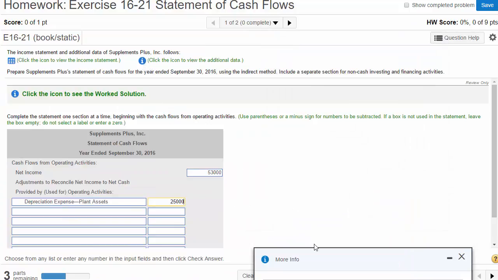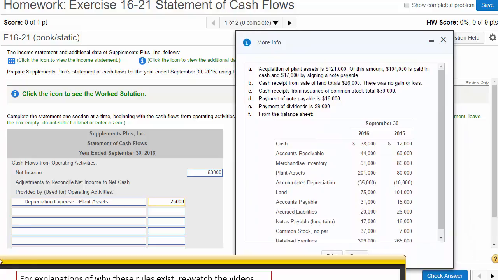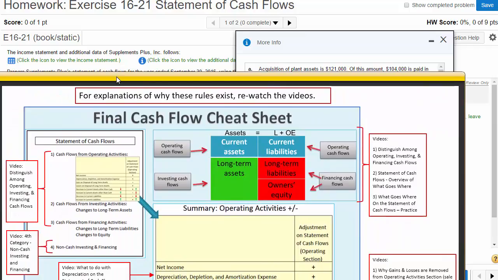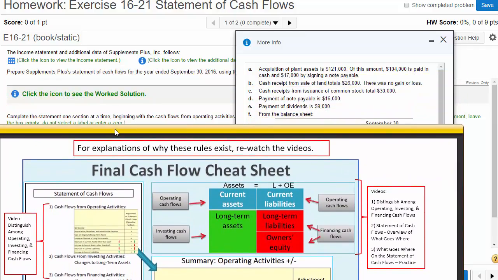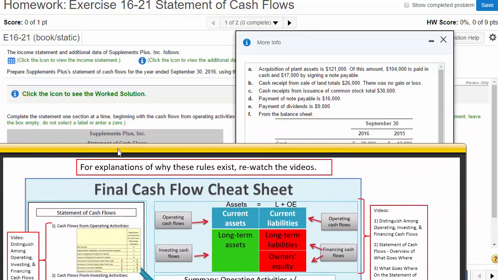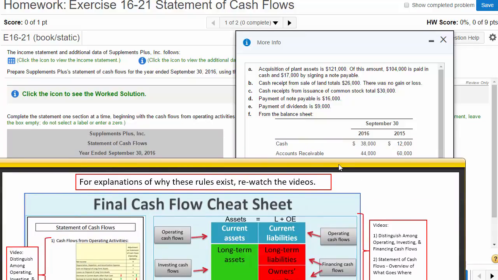We do need the additional data, which is right here. So I'm going to use my cheat sheet to block these off one at a time. Notice the data up here is for non-current assets. In other words, liabilities, plant assets, and equity. So we're going to go down here and start with the first non-cash current asset.